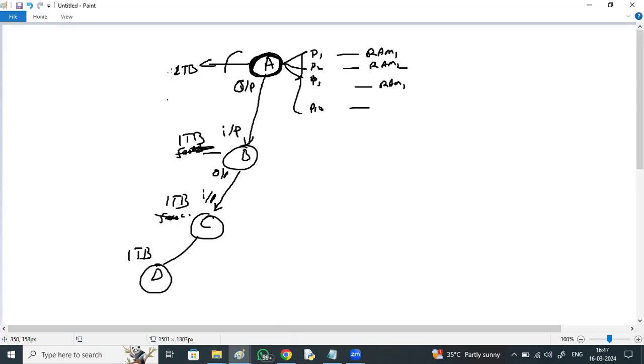A, B, C, D, totally 4 TB. Accommodating 4 TB at the RAM level is a bigger task. So don't think that all four, A, B, C, D, are going to be stored in the RAM at a time. No, they are not going to be stored in the RAM at a time.